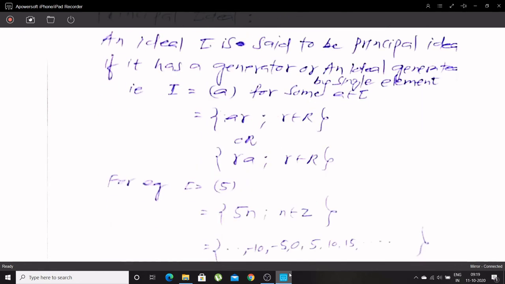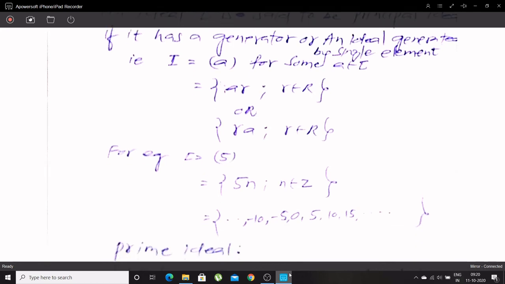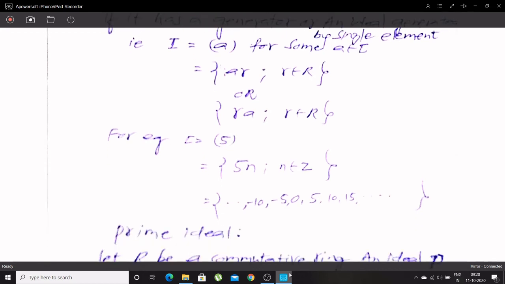For example, I'll take the ideal generated by 5. I is generated by 5. That means multiples of 5, that is 5n. Give different values to n. What do you get? 5, 10, 15 on the right hand side, and on the left hand side 0, minus 5, minus 10, minus 15 and so on. So this set indicates generated by an element 5, or generated by an integer 5.